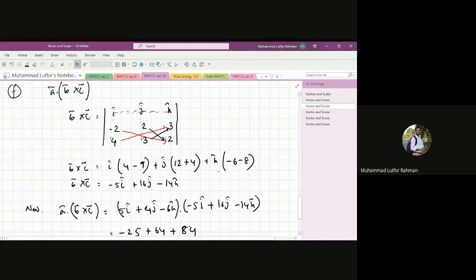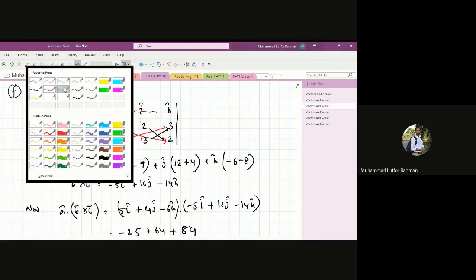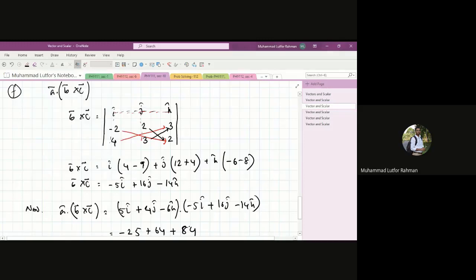So there is a minus of that one, and this multiplication, minus 2 into plus 2, will also give me minus 4. That minus and the formula minus give the plus. So that's why it's 12 plus 4. And for the third one, when you take the Z component, I'll write it down: minus 2 into plus 3 is minus 6, and minus 4 into 2, that's going to be 8. That's how we find the determinant.